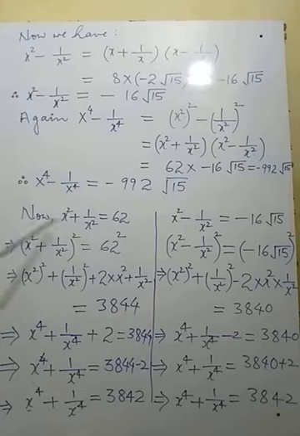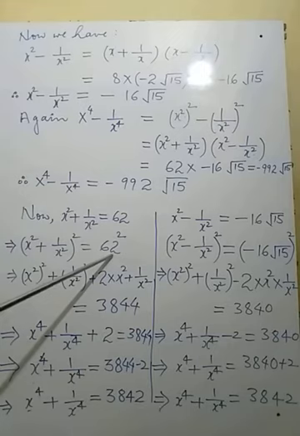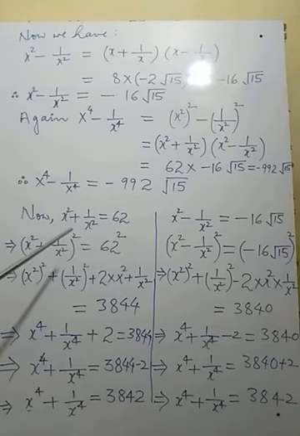So squaring both of the sides, squaring left hand side, it will be x square plus 1 upon x square. This will be kept inside the bracket, and square of this one equal to square of right hand side. Right hand side is 62, it will be 62 square. Now this will be behaved just as a plus b whole square.